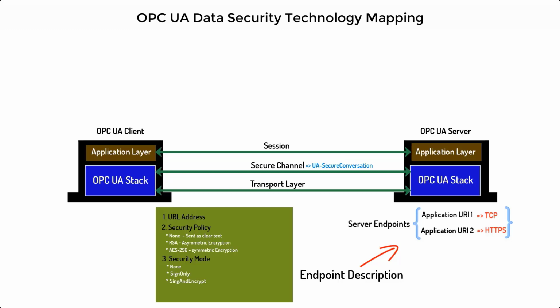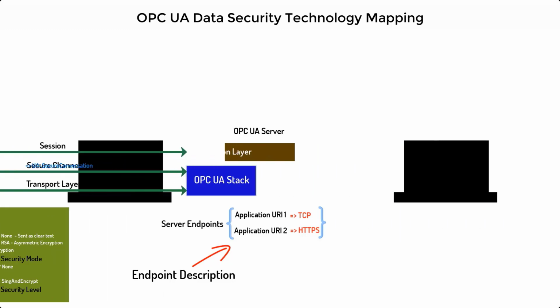Whereas, if the security mode is set to none, they don't need to verify each other, but a unique identifier would still be used. Next, an endpoint description would also include its security level, which is a number that an OPC UA server assigns to each of its endpoints to indicate to the client which endpoint the server prefers to use, security-wise. An endpoint with the highest number has the highest preference.